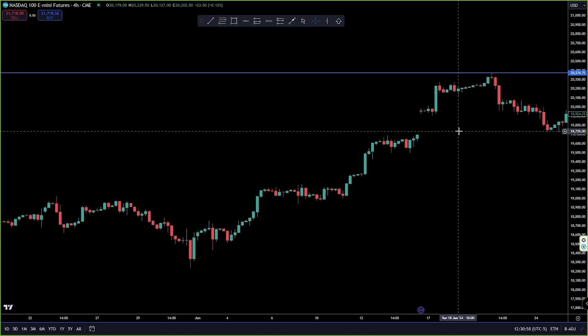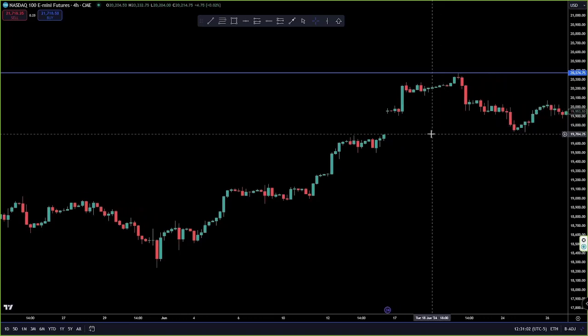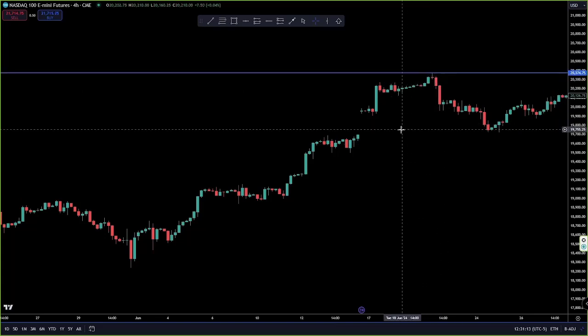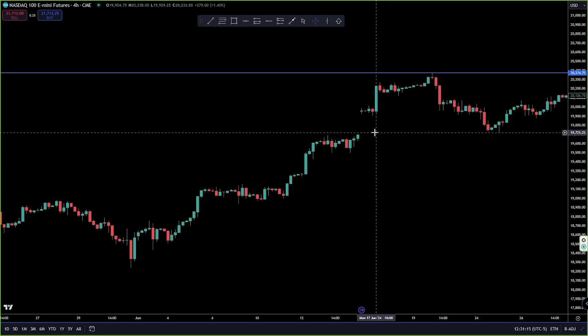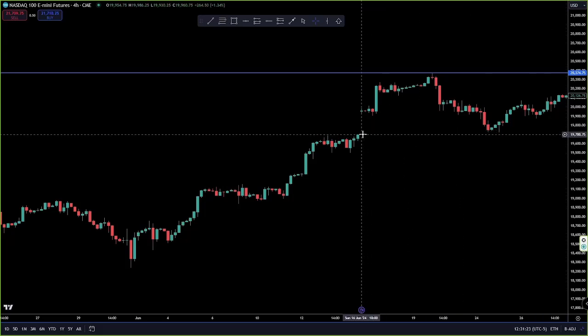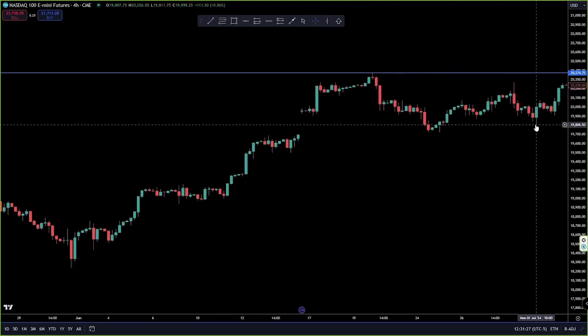Now it's using this area as support, and it's going to bounce off and go back up, retest this area again because it's establishing a range. And it's doing all this in almost 2 weeks, from the middle of the month to the end, still in this range.